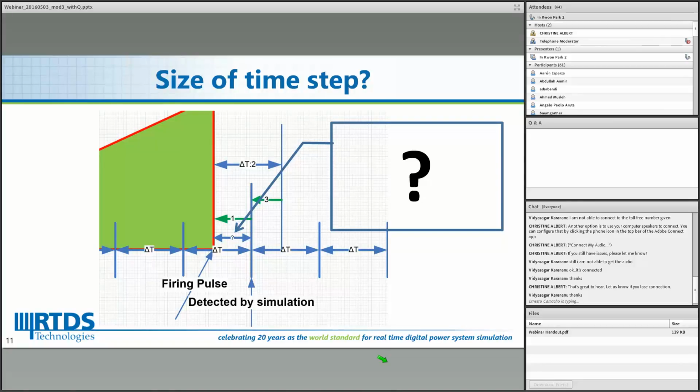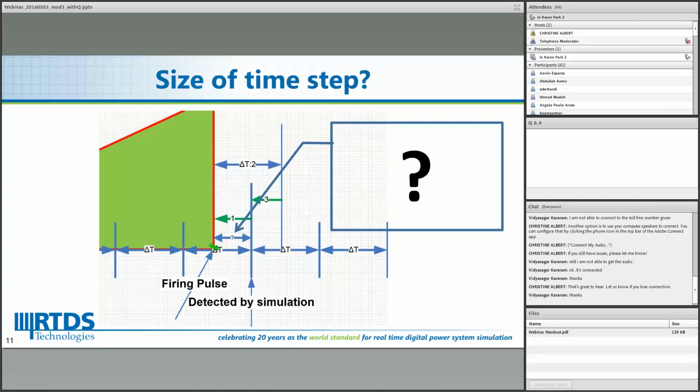But in the offline simulation world, one of the widely used techniques is what people call interpolation. Here, this is a simple diagram showing how that interpolation works. Let's assume that at this moment, at this red bar, the simulator, either your PSCAD software or any other offline software, receives the gating signal or firing pulse.